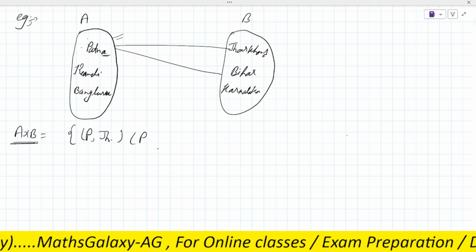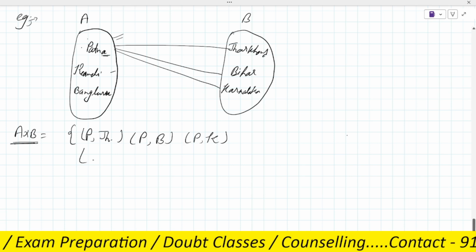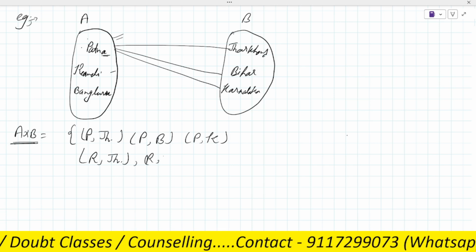Is it clear? Now similarly we will do for Ranchi, है ना? Ranchi with Jharkhand, Ranchi with Bihar and Ranchi with Karnataka. Now we will do it for Bangalore.